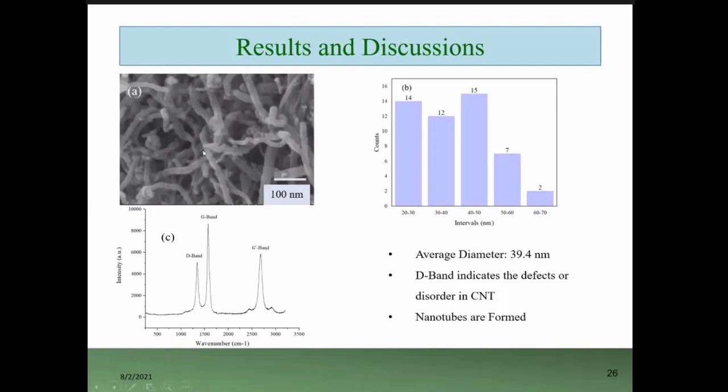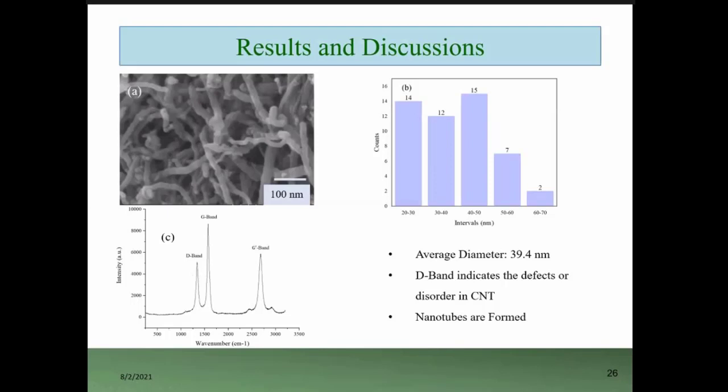After having this image, I took the diameter of the carbon nanotube 50 times, and I calculated the average diameter of the carbon nanotube, and it was around 39.8 nanometer. And from the Raman spectroscopy, it was found that in the sample, we found one D band and G band, which indicates that the carbon nanotube is formed.